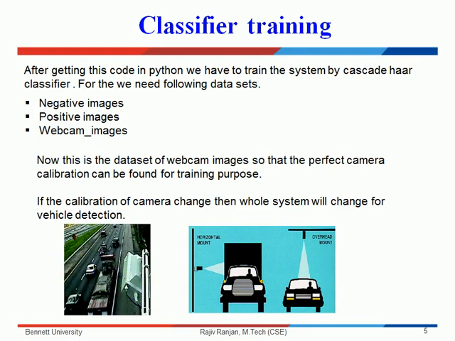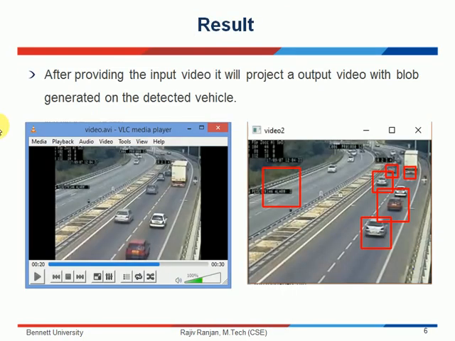After that we'll get the result in this form. After providing this input video, it will project the output video like this, and it will detect every vehicle passing on this road on both the lanes, and generate a blob on that vehicle once it is detected. You can see here, the red rectangle blob is detecting the vehicles.